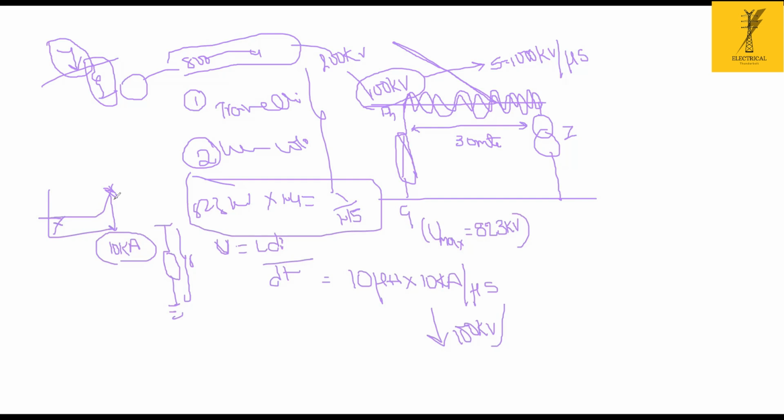So now, when you are sizing the lightning arrestor, we have to check some conditions. One is the rated voltage of the lightning arrestor, the maximum continuous operating voltage of the lightning arrestor, and also the protective level of my lightning arrestor.